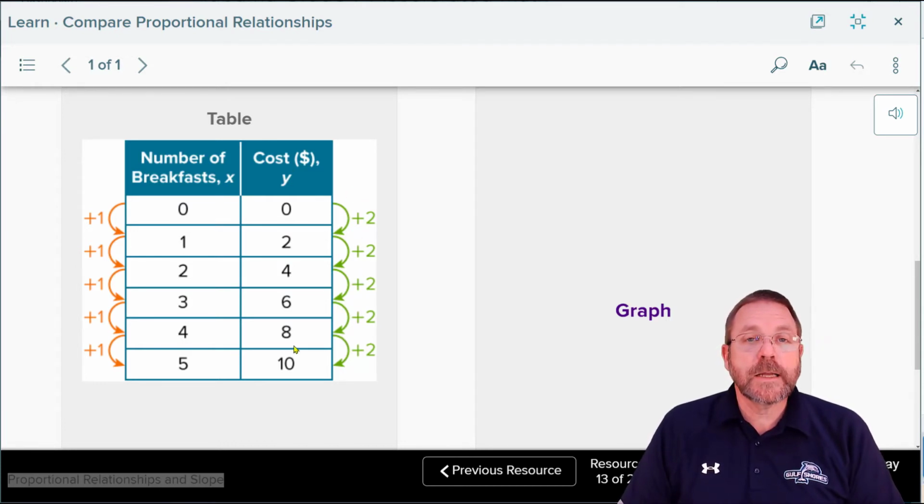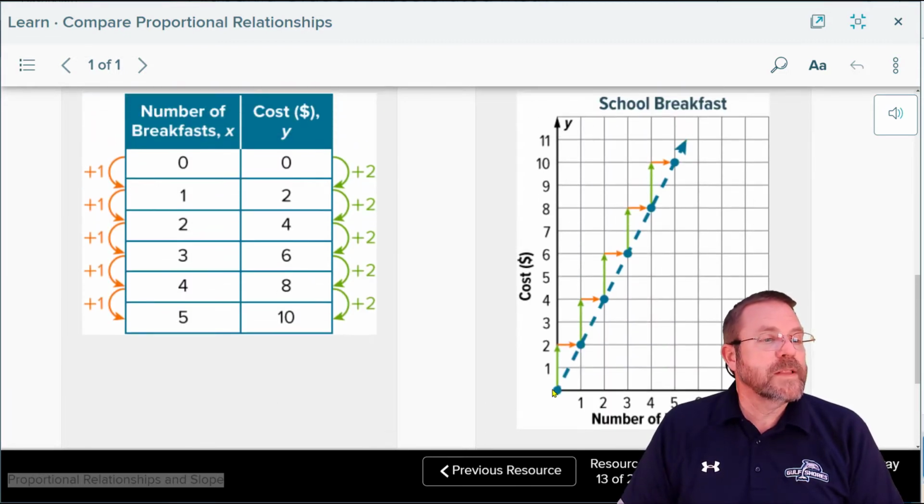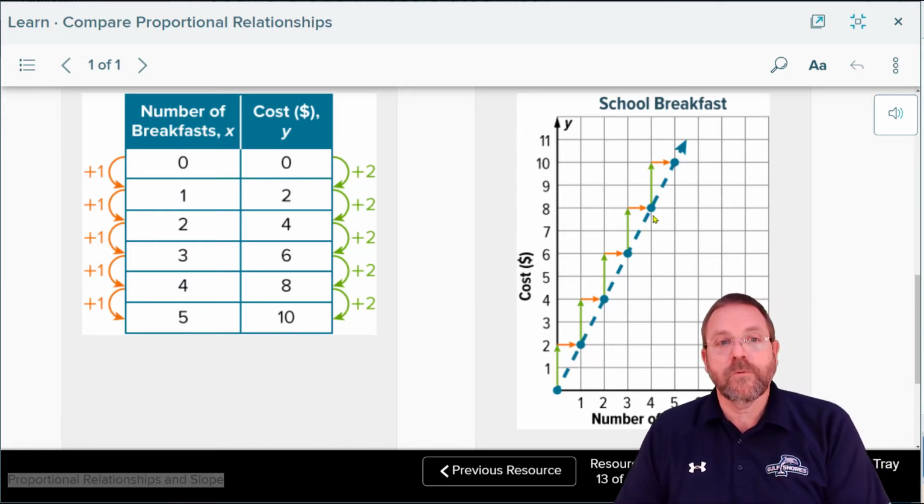That shows your constant rate of change in your table. And finally, on a graph, you can see it creates a straight line, and you have a constant rise to run: rise 2, run 1, rise 2, run 1, all the way across.